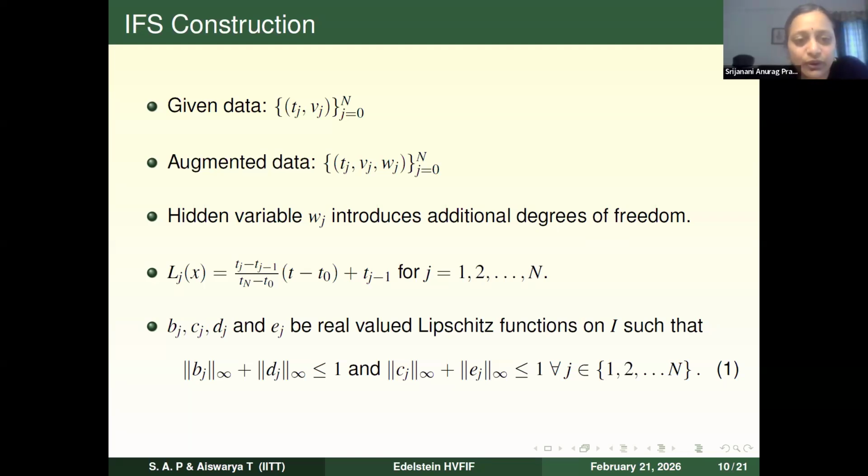Next we take four real valued Lipschitz functions, chosen such that the sum of the supremum norms of B_j and D_j is less than or equal to 1, and the sum of the supremum norms of C_j and E_j is less than 1.